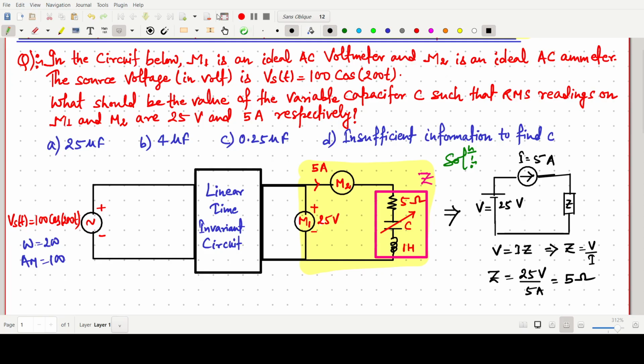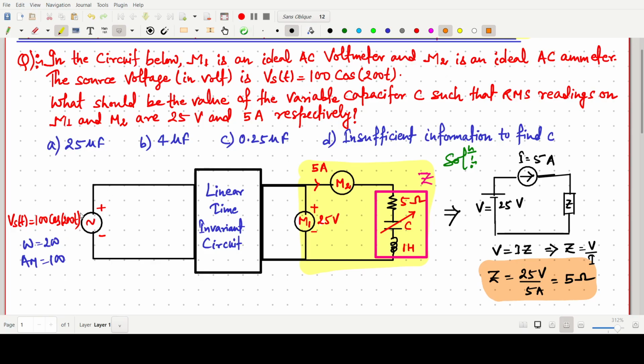I'm highlighting this one: the impedance value is 5 ohm. Now it is clear, 5 ohm.